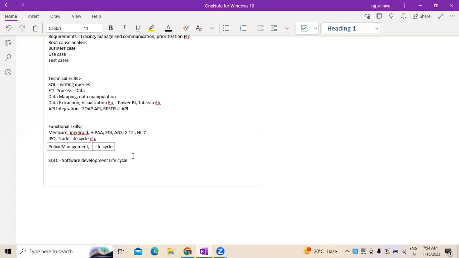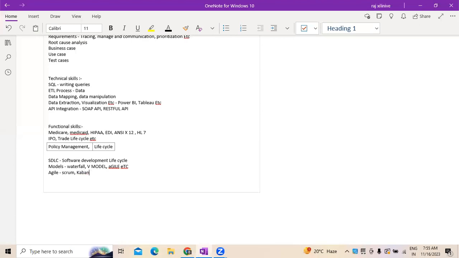Next, apart from the software development life cycle, you need to know about its models. It can be the waterfall model, V model, or agile. Agile is a methodology by itself, and we have different frameworks and processes, like the Scrum framework.